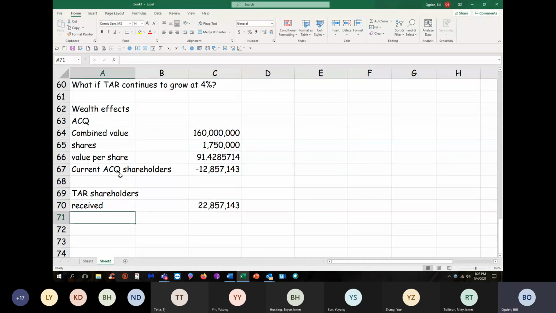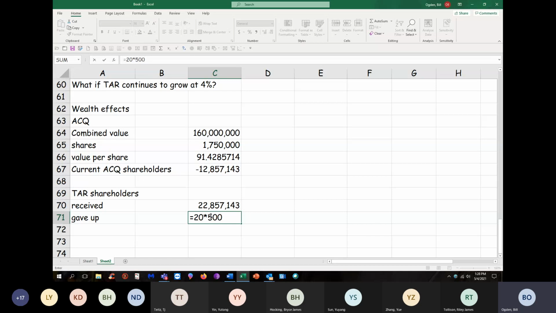And what did they give up? Well, they gave all their shares. They gave up their $20 per share times their 500,000 shares. So you almost call it a notional gain. I mean, this is what it's worth. Unless you sell your stock, you don't actually realize this gain. It's not a realized gain, but in notional value, in other words, paper value, they're up.